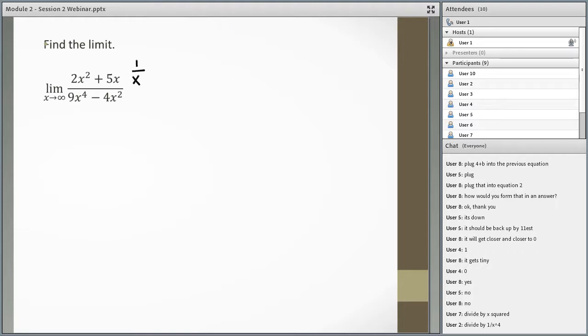So it's the same thing as multiplying by 1 over x to the fourth over 1 over x to the fourth. That's why we're allowed to do this, because I'm not changing anything, I'm just multiplying by 1.